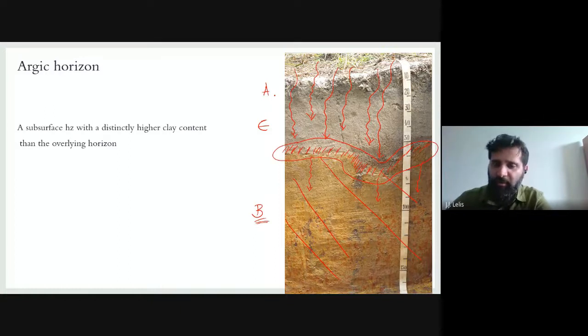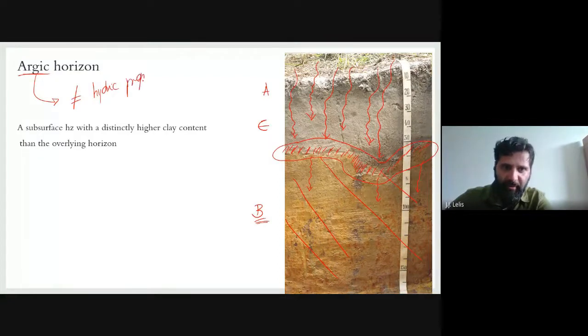Okay, so the presence of an argillic horizon should always remind us that we have differences of hydric properties. The penetration of water is different between the horizons.